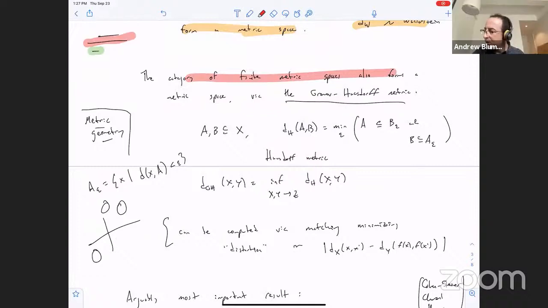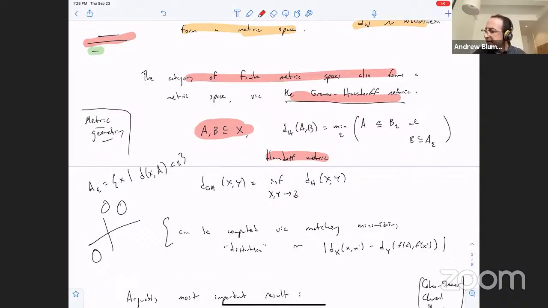also has a metric called the Gromov-Hausdorff metric. And as the name suggests, this was invented by Gromov as a generalization of the Hausdorff metric. So let me remind you, the Hausdorff metric is an interesting metric on subsets of a fixed metric space.